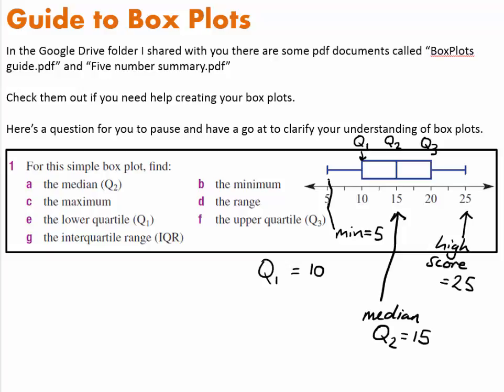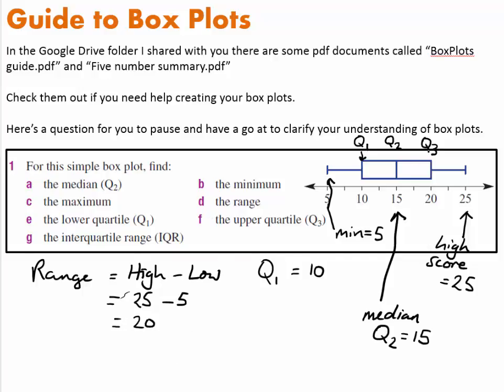I should probably point to that point there. The range, hopefully you remember, is the highest score minus the lowest score. So high minus low. For this example, that's 25 minus 5, so our range will be 20.